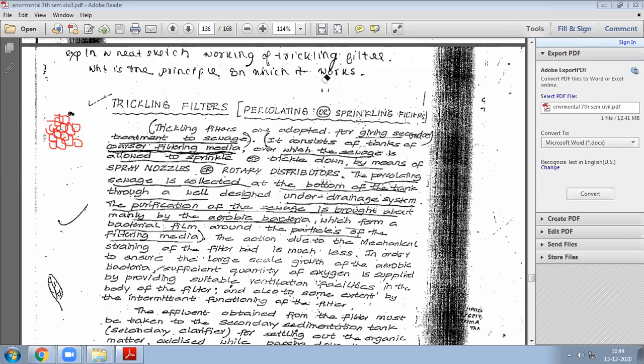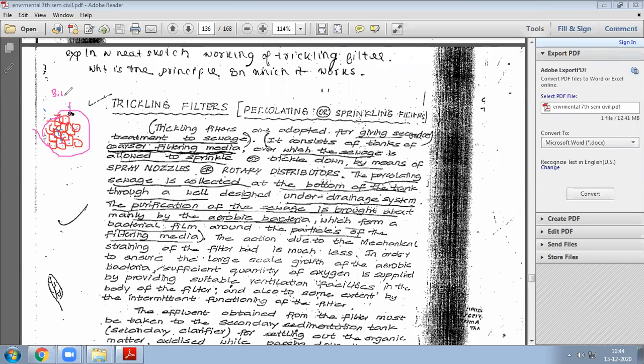So if you supply any wastewater here, the microbes will be there already. These microbes will try to treat your wastewater. One layer will start developing above this, and it is called biofilm.